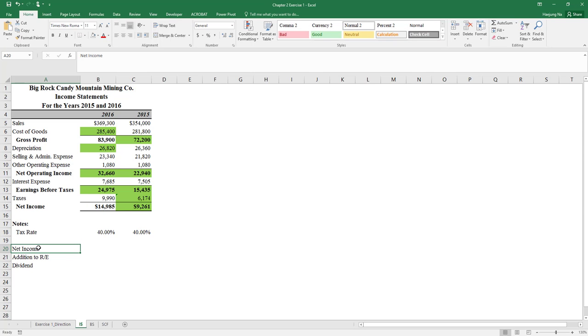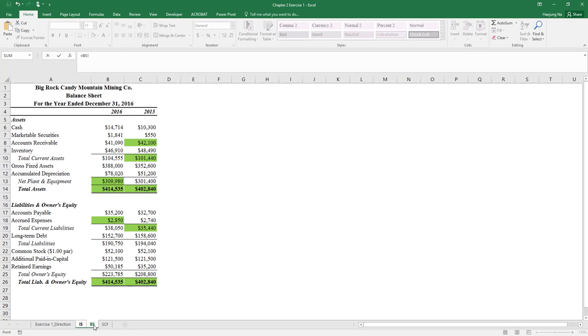So net income for 2016 minus addition to retained earnings for 2016 will be equal to the dividend amount that was paid in 2016. How much is the net income amount? That will be automatically copied from above, and will be 14,985. And how much did we add to the retained earnings?